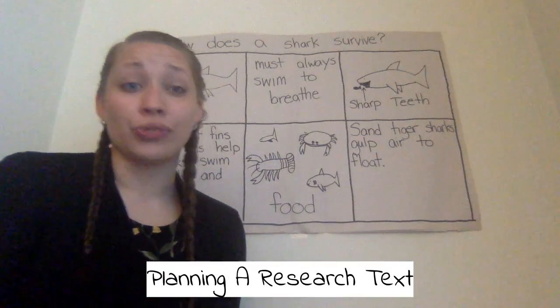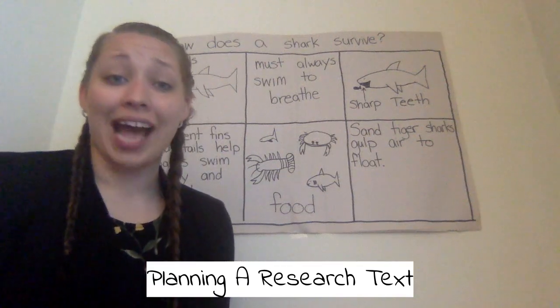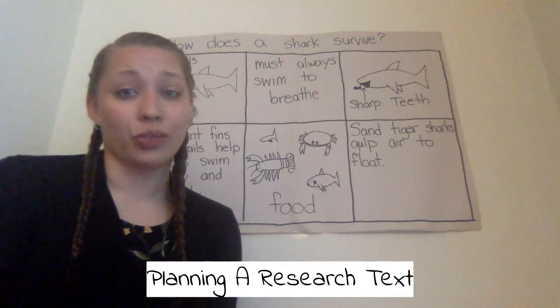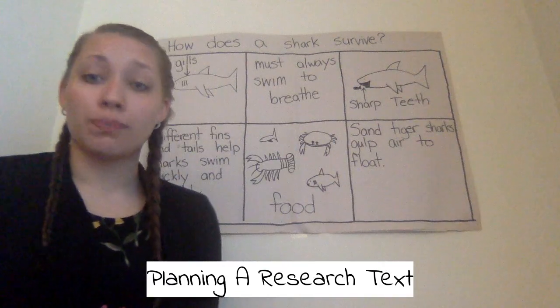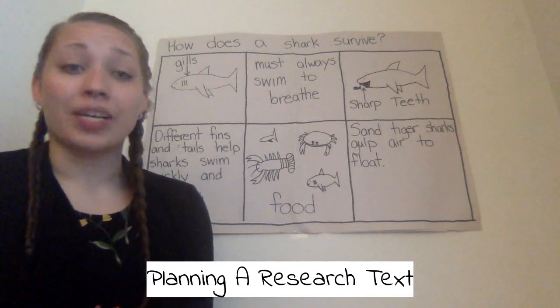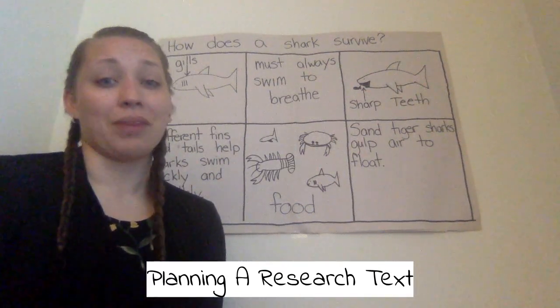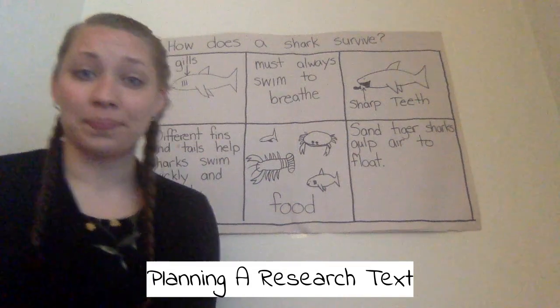Now I am going to choose 3 of those facts that I think best answer my research question, or that I feel are most important. These are the facts that I really want to share in my writing with my readers, so I'm going to circle them.